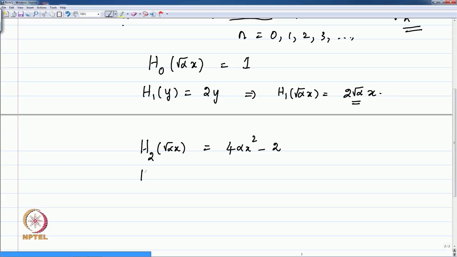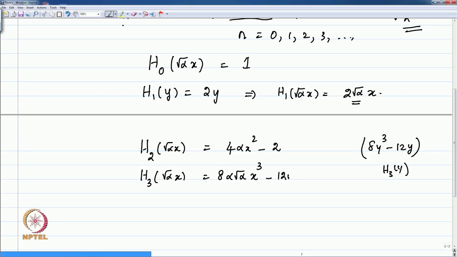Likewise for the third, H 3 of root alpha x, if you recall, it was 8y cube minus 12y for H 3 of y, and therefore when you put y equal to root alpha x, it becomes 8 alpha root alpha x cube minus 12 root alpha times x, and likewise for H 4, H 5 and so on.